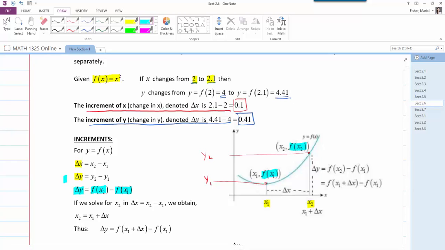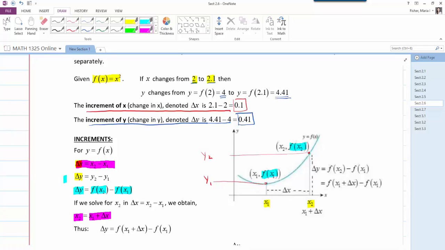Now, if we go back up to this line here, delta x is equal to x sub 2 minus x sub 1, and if we solve that for x sub 2, we add x sub 1 to both sides, and we end up with x sub 2 is equal to x sub 1 plus delta x.